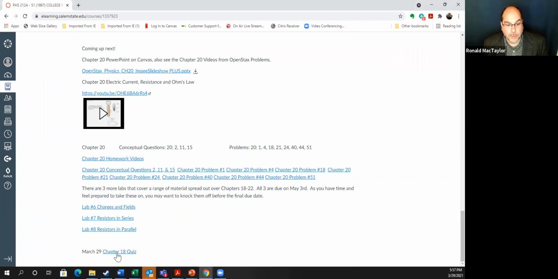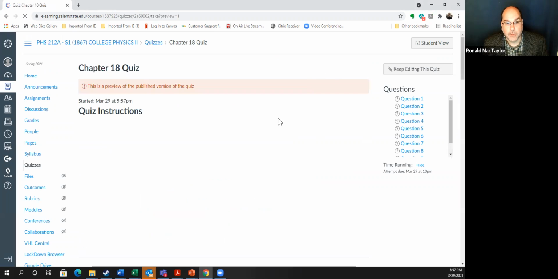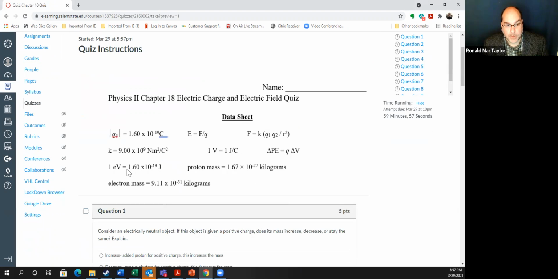Just to orient you on the quiz, when you go to take it, I've given you a data sheet that has the mass of a proton, the mass of an electron, volts is joules per coulomb, change in potential energy is quantity of charge times the voltage, the value for K in the Coulomb's law constant, the quantity on an electric charge. It has these brackets here for absolute value. Electrons have negative 1.6, protons have positive 1.6 times 10 to the negative 19th coulombs.